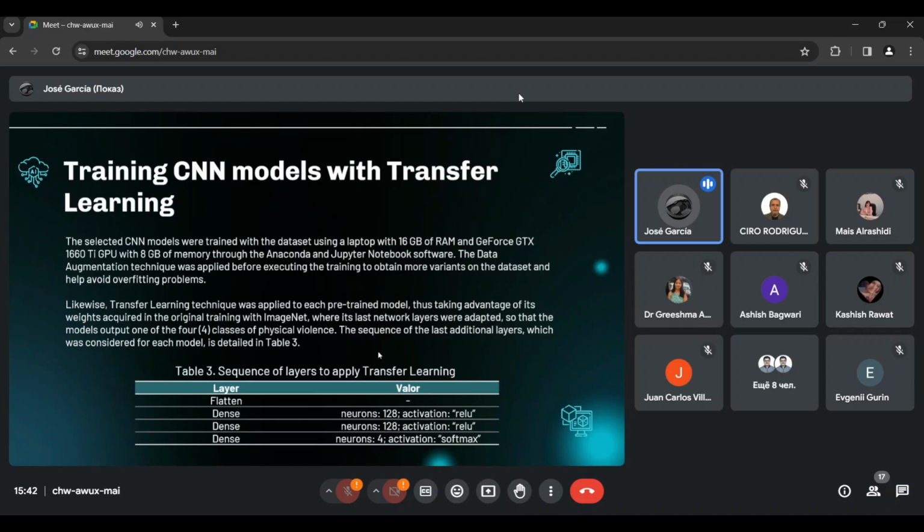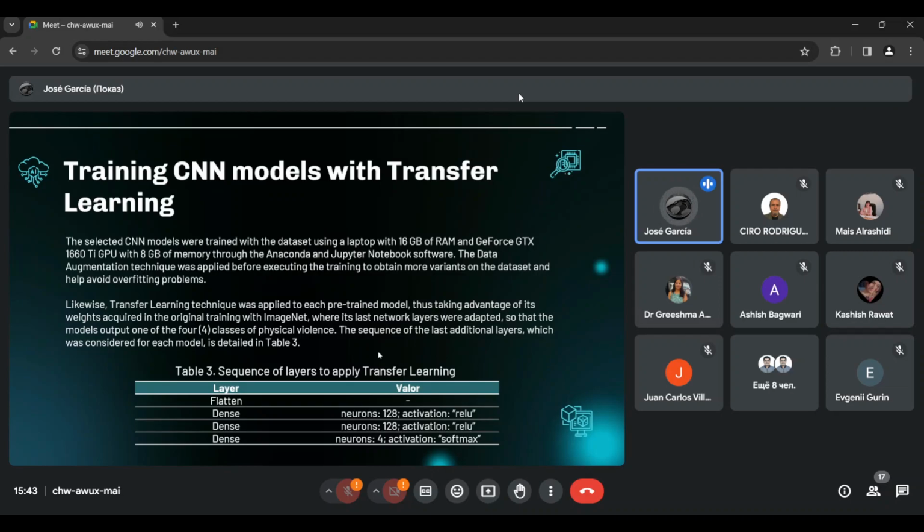Likewise, transfer learning techniques were applied to each pre-trained model to take advantage of the weights acquired in the original training with ImageNet, whereas the last network layers were adapted to output one of the 4 classes of physical violence. The sequence of the additional layers considered for each model is detailed in table 3.